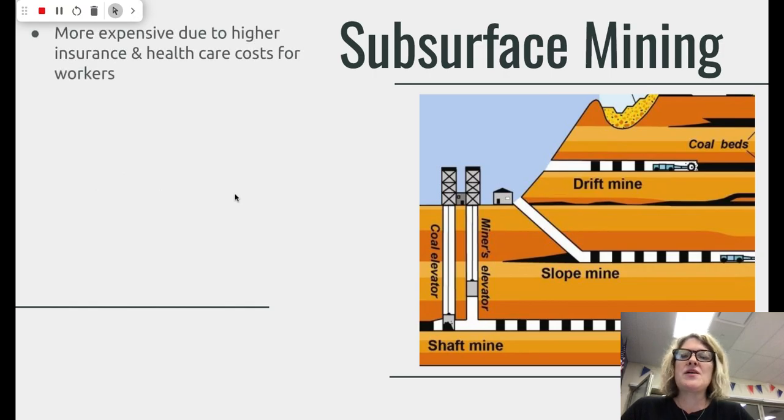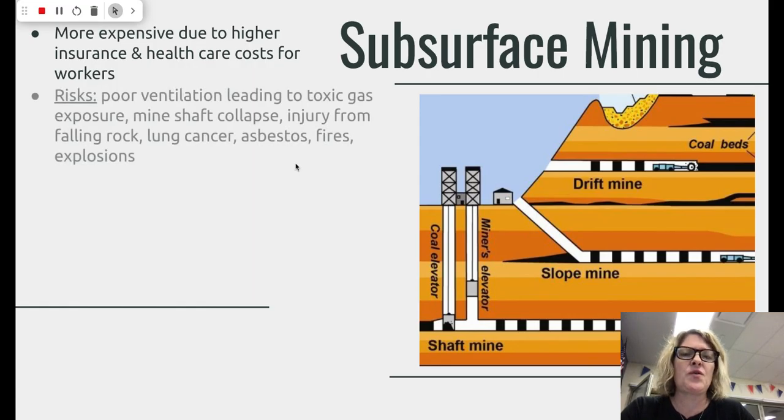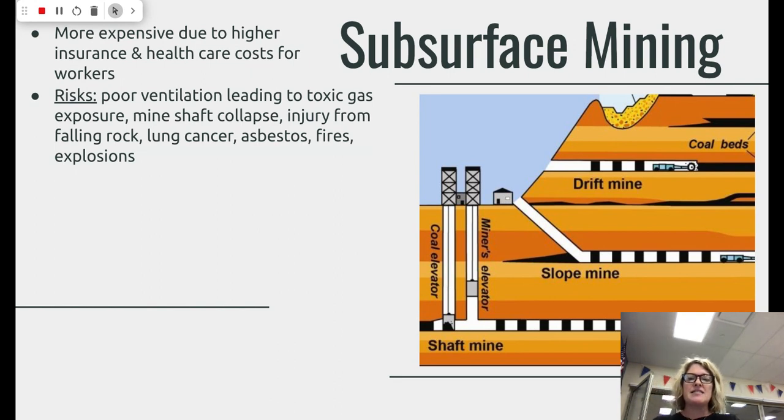Okay, and so let's go ahead and talk then a little bit about subsurface mining. And so it is much more expensive due to the higher insurance and healthcare costs for the workers that the company has to purchase. There's a lot of risks with subsurface mining, which includes poor ventilation. This can lead to toxic gases building up in a mine and then exposing the workers to the toxic gas.